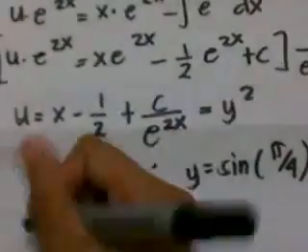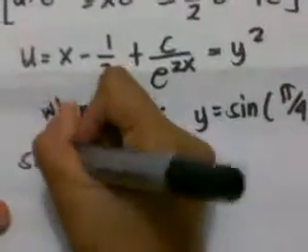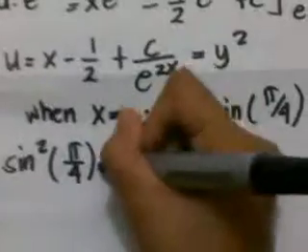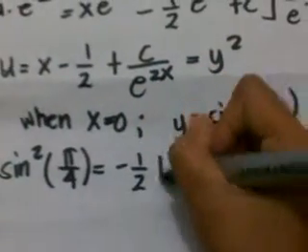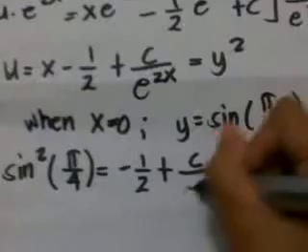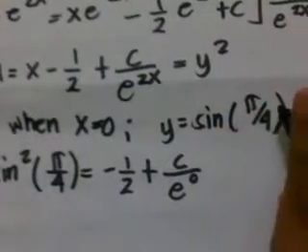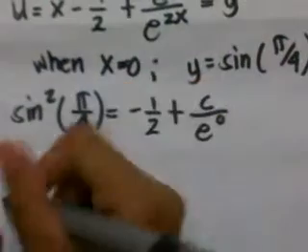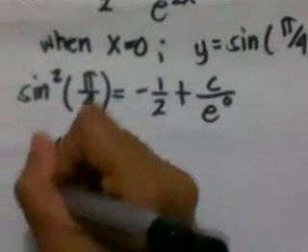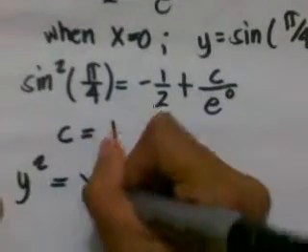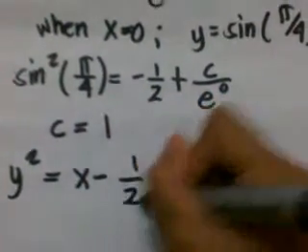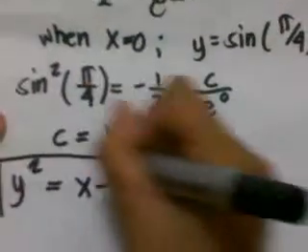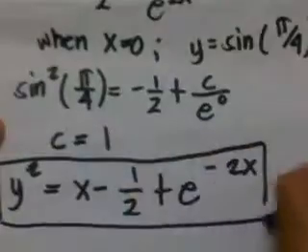So substitute: sin^2(pi/4) = -1/2 + c over e^0, and then the value of c is 1. Now here's the answer for the Bernoulli equation, which is y^2 = x - 1/2 + e^(-2x). So here's the answer for the Bernoulli equation.